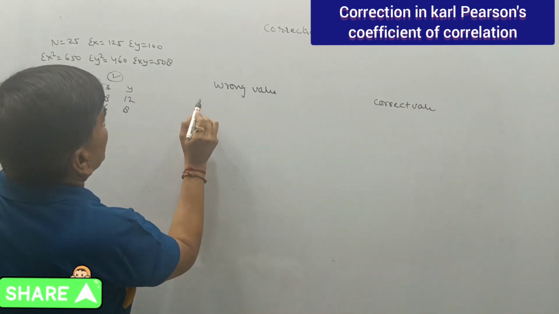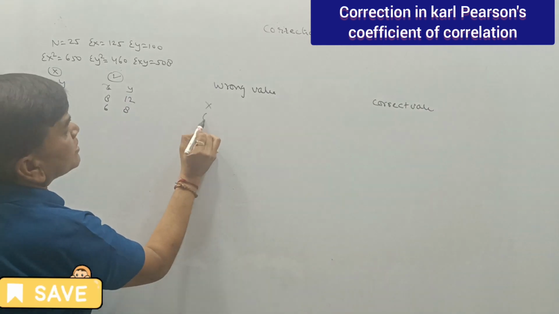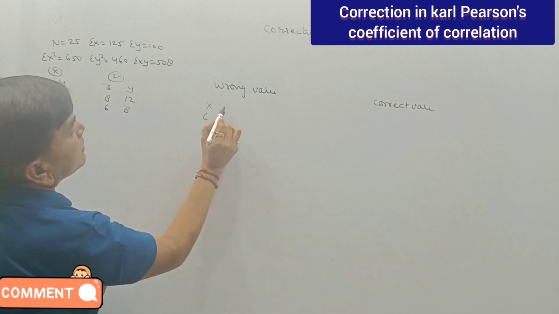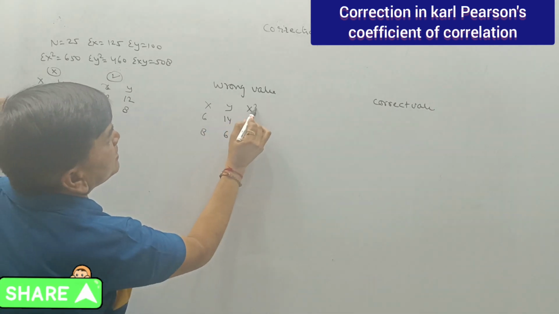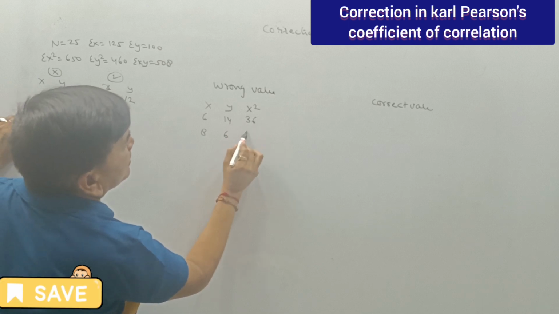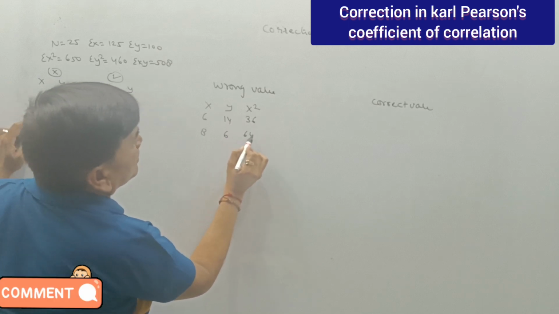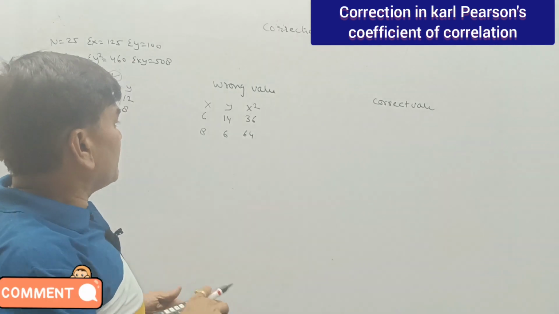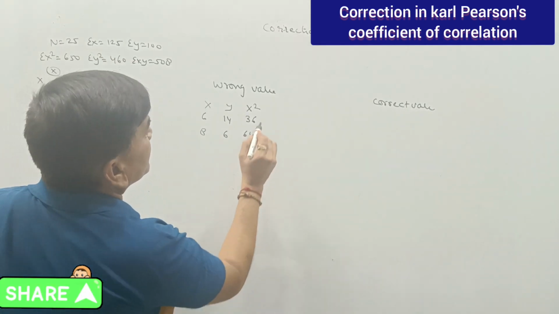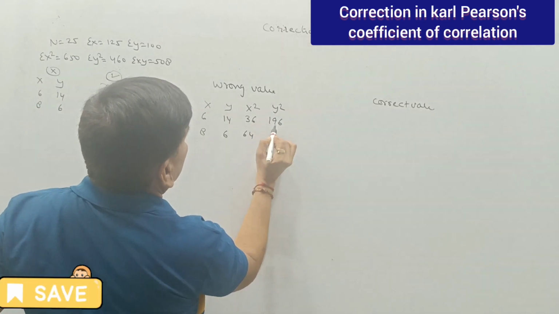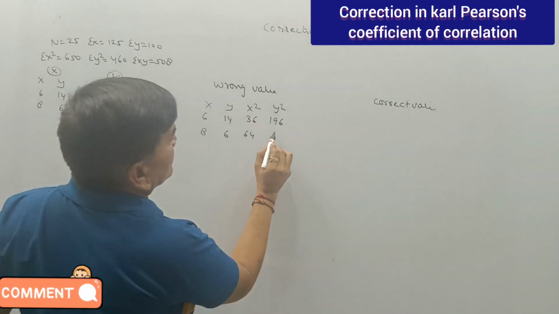The wrong values are x is 6, 8 and y is 14 and 6. So x square will be 36, 64. Y square will be 14 square, that is 196, and 36.